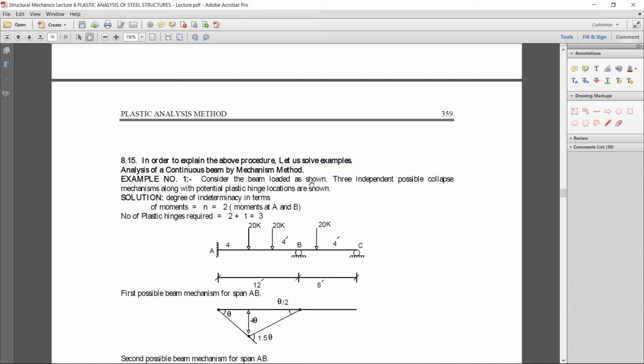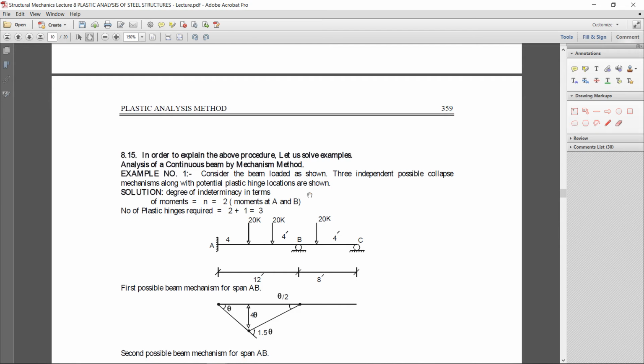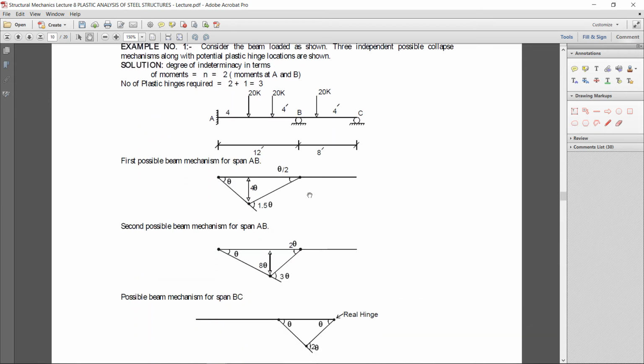The independent possible mechanisms along with the potential hinge locations are shown. Okay, their plastic hinge locations are shown, but we can find them on our own.